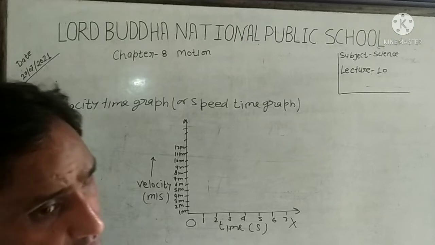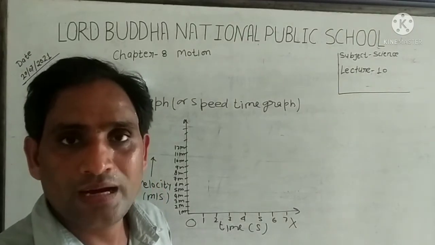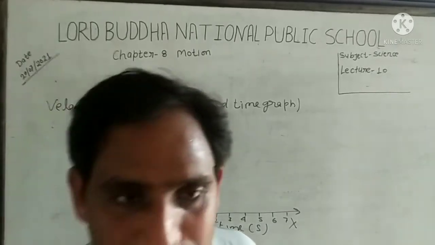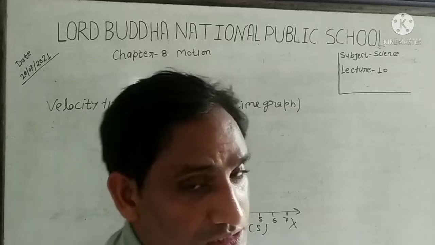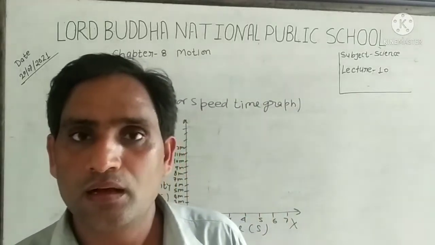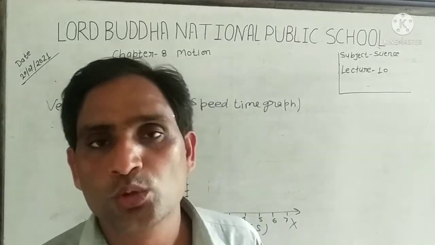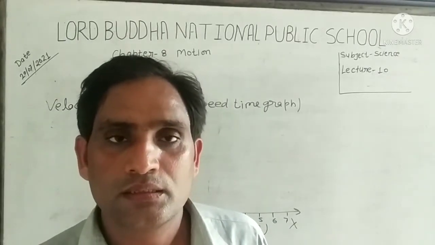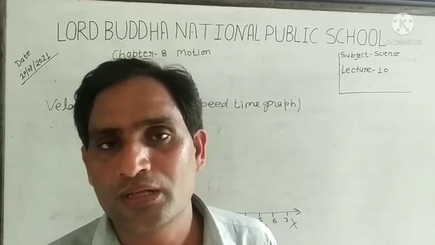For the velocity time graph, we came to know the following things. First, the distance covered by the object is equal to the area enclosed under the velocity time graph for a given interval of time.